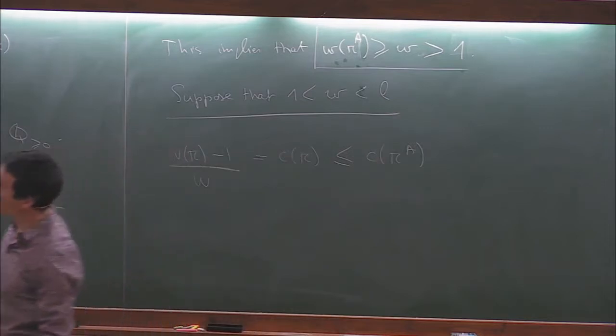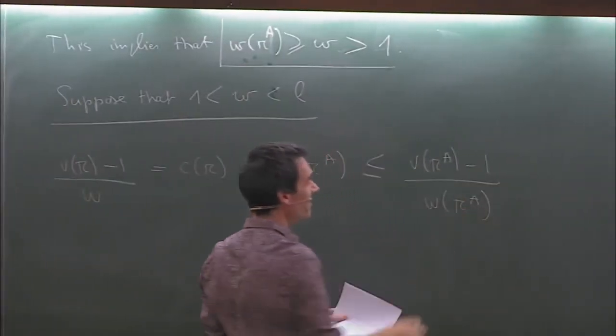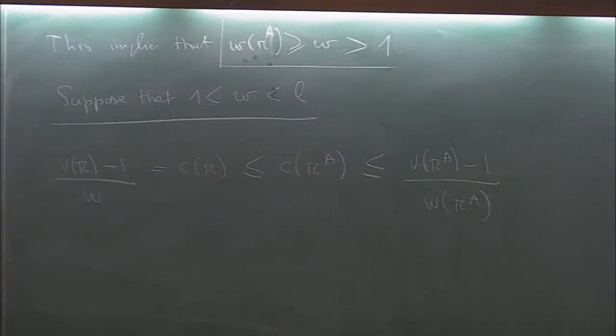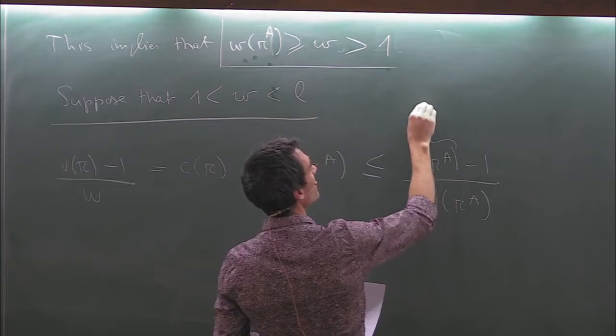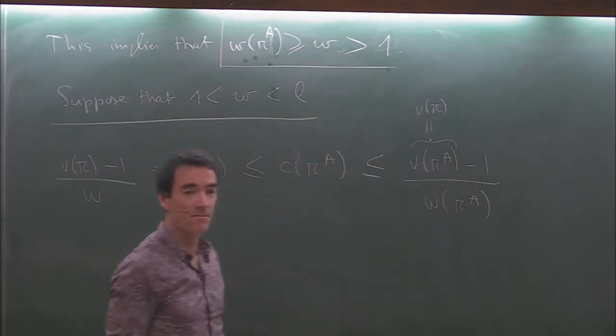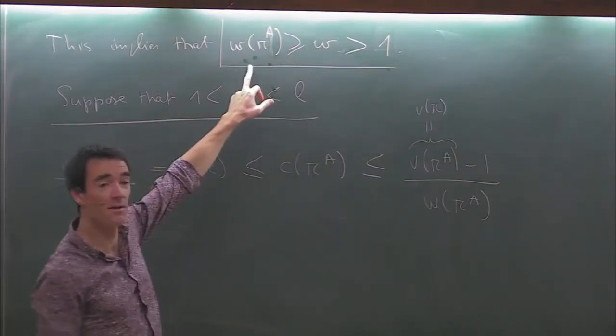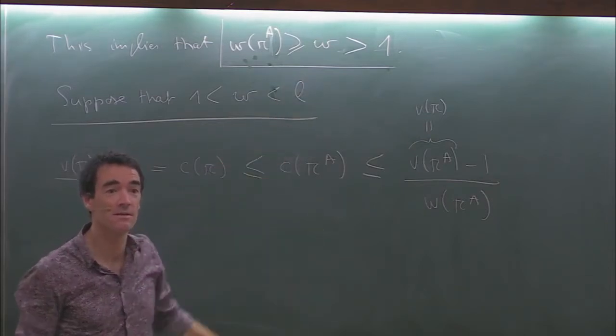So for pi A, again, the upper bound could be either this or that, and the largest is the first one. But V of pi A, we know that it is V of pi. And W of pi A, we know that it is, yes?